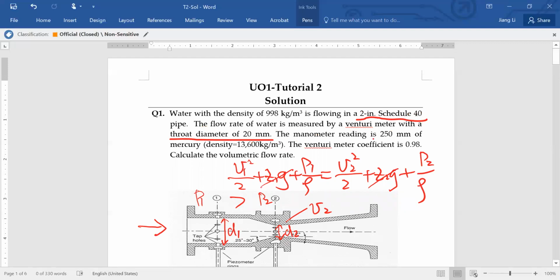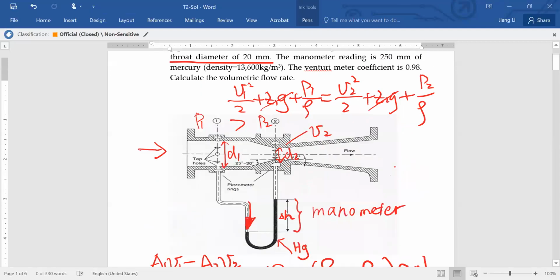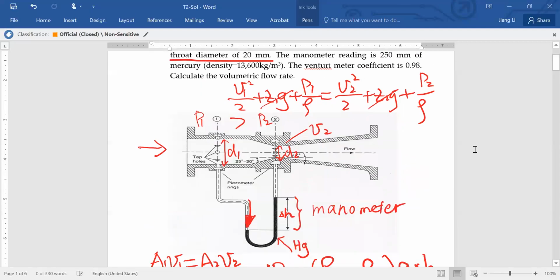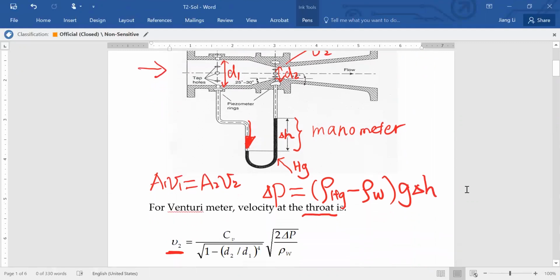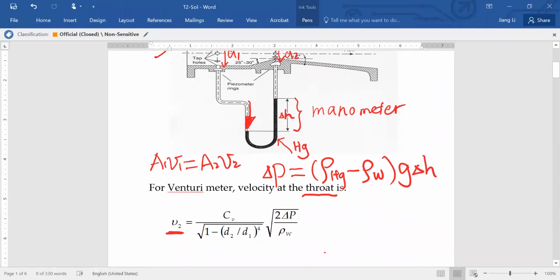Then the manometer reading is 250 mm of mercury, so this delta H is 250. Now you need to calculate the volumetric flow rate. If you understand from here how the venturi meter works, you will understand how to apply this equation here to find the velocity at the throat.